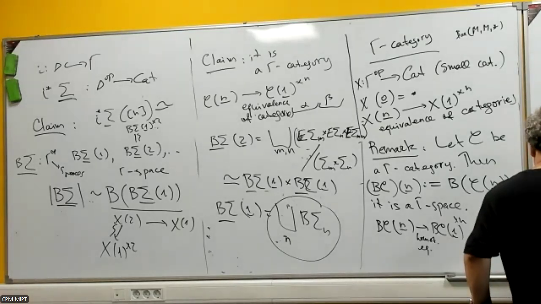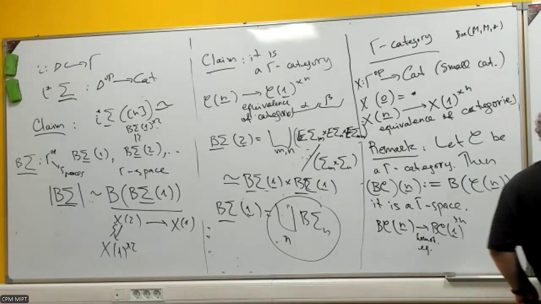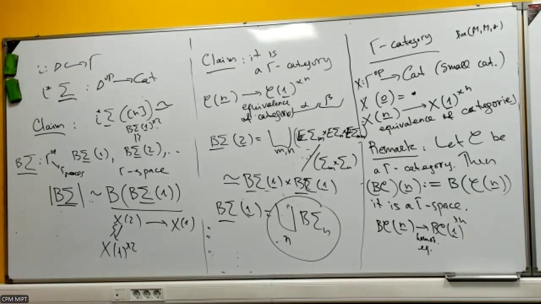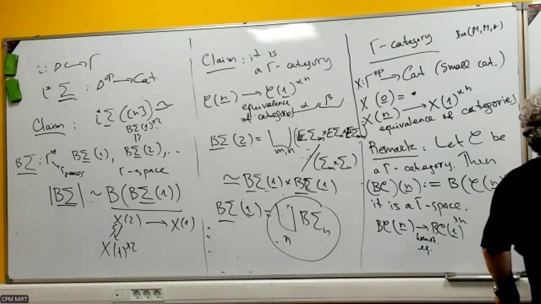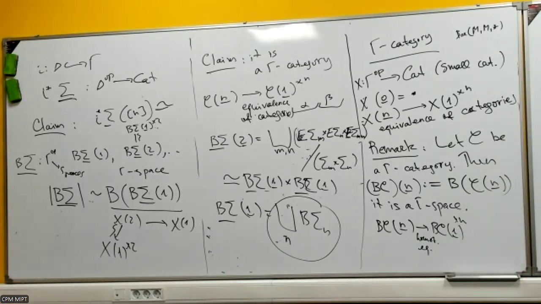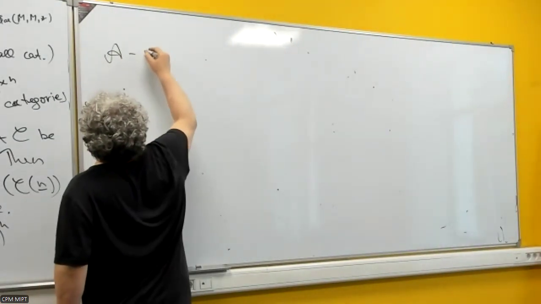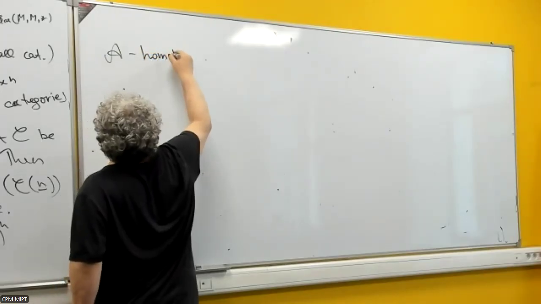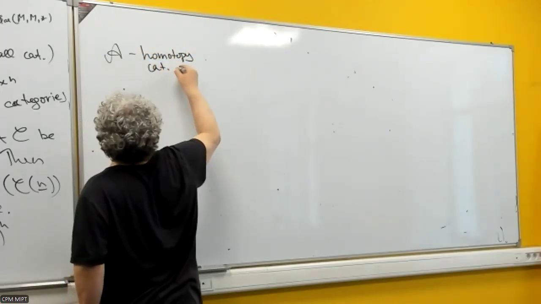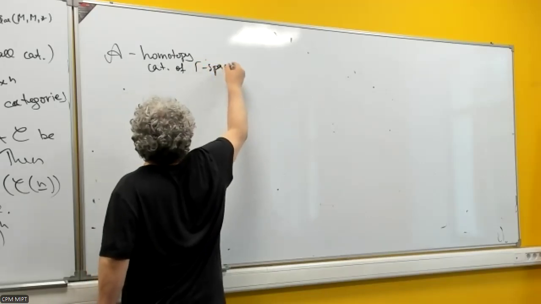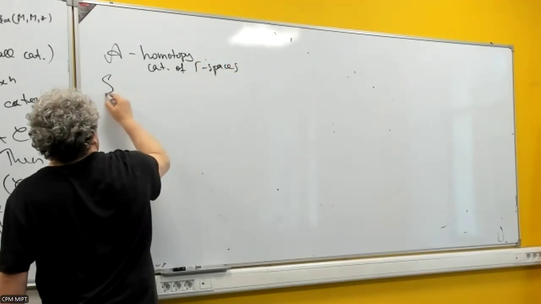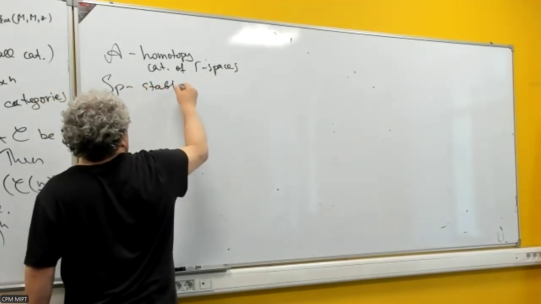So what I'd like to say now is that we return to what we had last time, without maybe these annoying technical details. Basically we had the homotopy category of gamma spaces, and we have SP, the stable homotopy category of spectra.